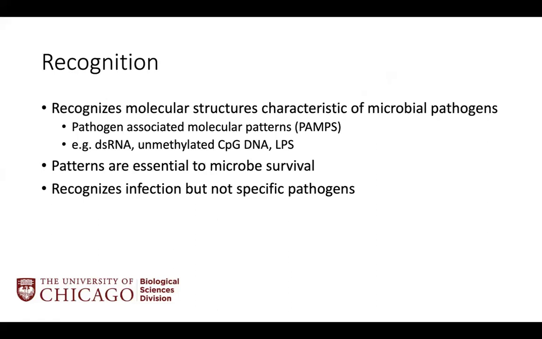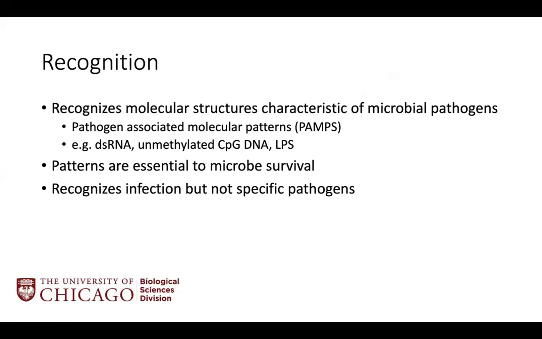It's just patterns we see that we tend to not see on animals. They tend to just be on pathogens. Examples would be double-stranded RNA or unmethylated CpG DNA or lipopolysaccharide or LPS. These patterns are essential for the microbial survival.